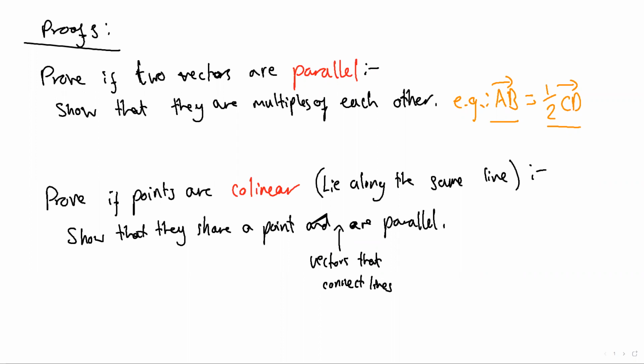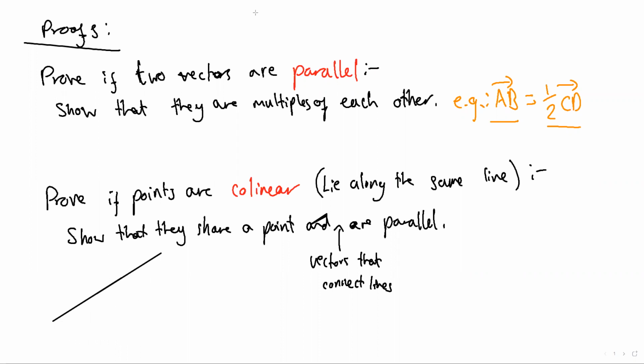And the reason this works is because if you have two parallel lines like this, if you show that they share even one point, they've got to be on the same line, because you're talking about the same line if you're talking about two parallel lines that share a single point.